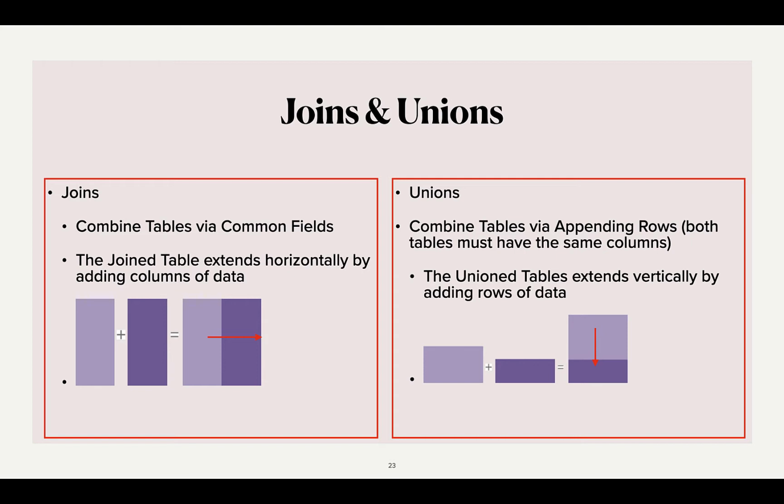A union combines tables via appending rows, and both tables must have the same number of columns. And union tables are extended vertically by adding rows of data.